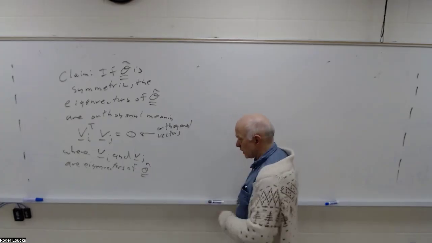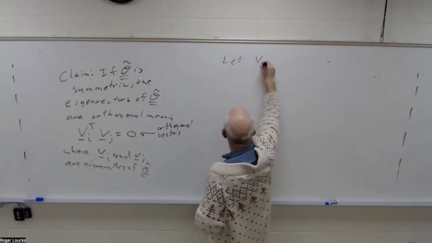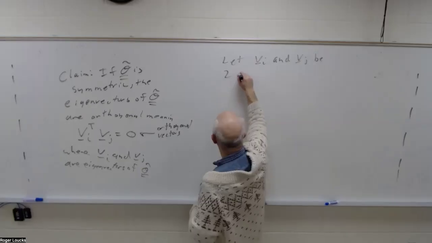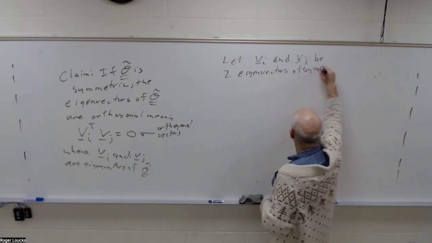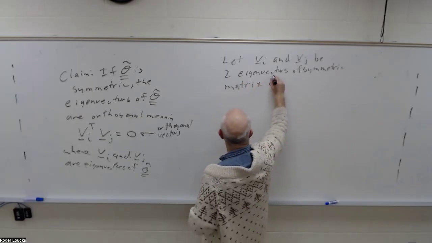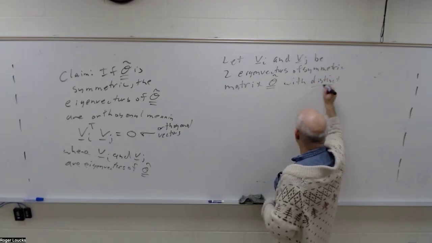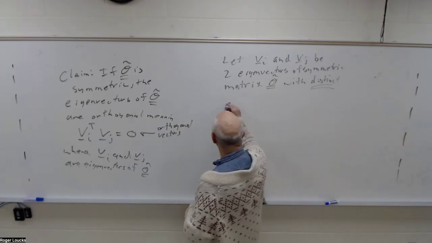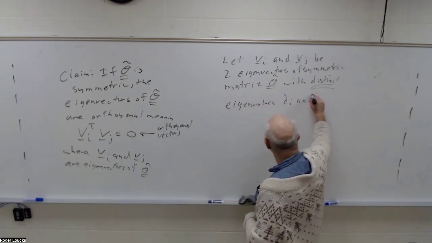Let's do the proof. The proof is actually quite short. So let V_i and V_j be two eigenvectors of symmetric matrix O with distinct eigenvalues lambda_i and lambda_j.